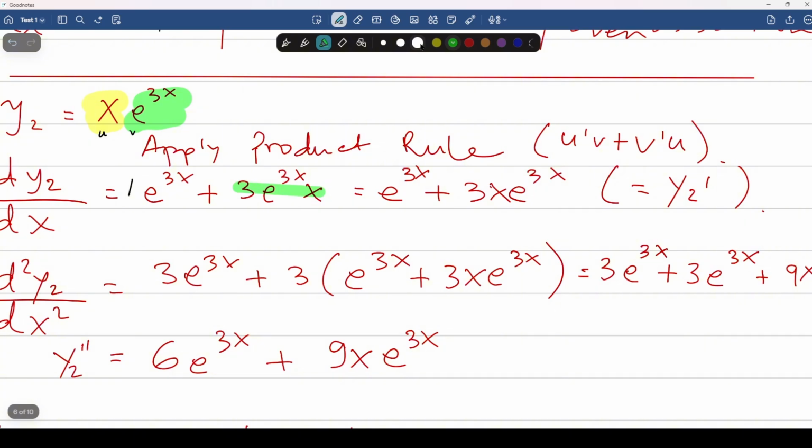For the second derivative, we take further differentiation from the first derivative. We have 1e to the 3x plus 3x e to the 3x.